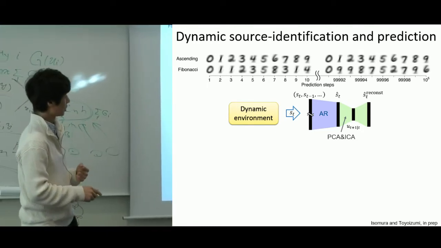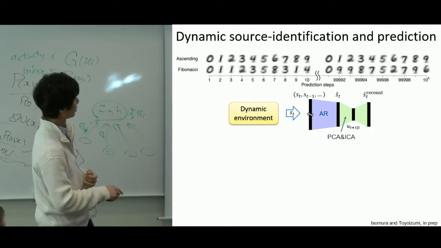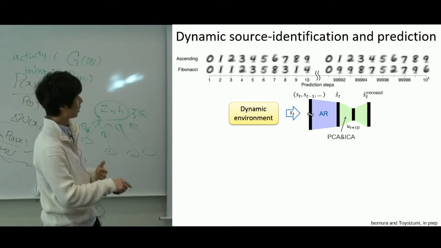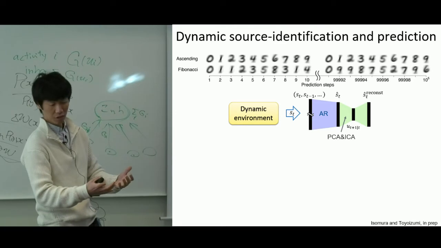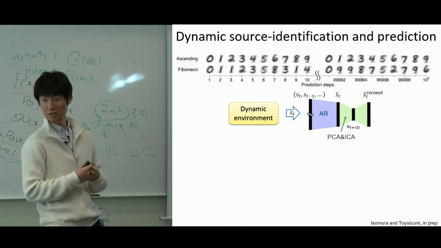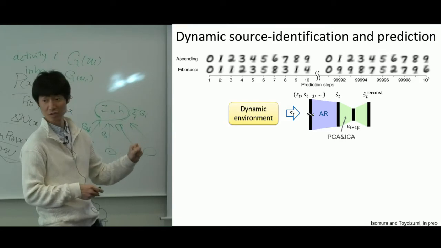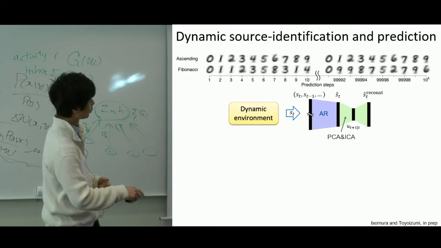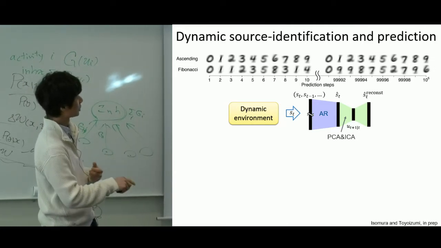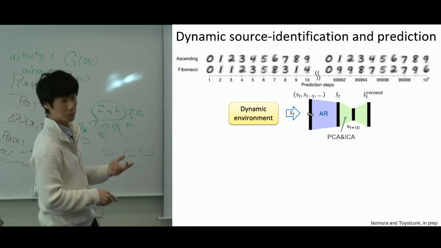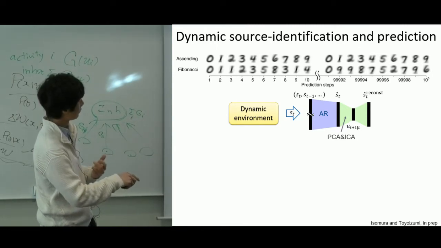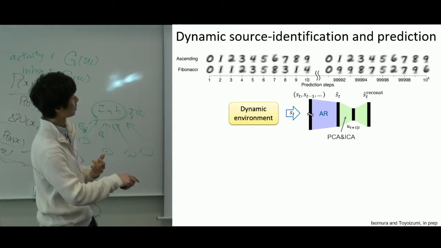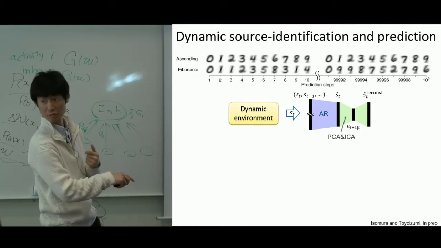So what this system wants to do is it receives dynamic input digit sequences in time, and the question is whether we can extract the underlying sources. And here, the underlying sources are the concept of 10 digits, right? So what we do is what we call a predictive PCA. Given the history of sensory inputs, first estimate the most likely next time sequence.